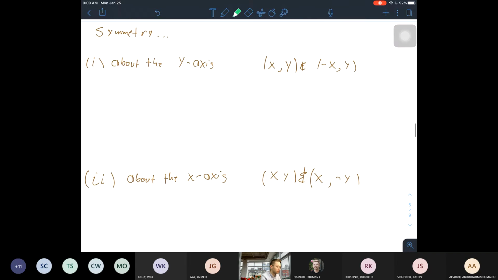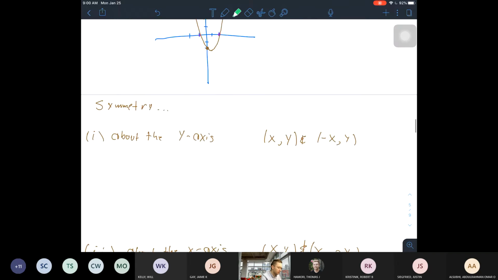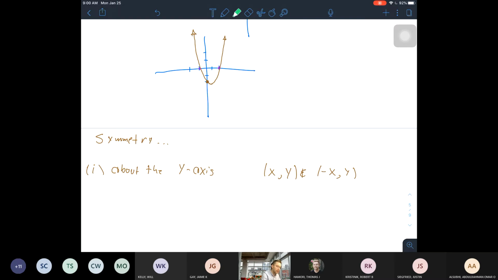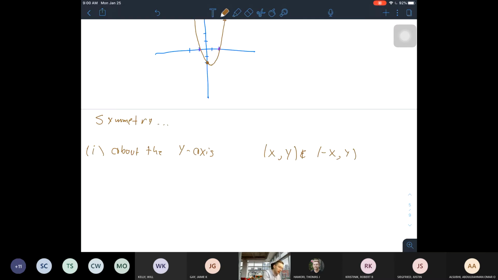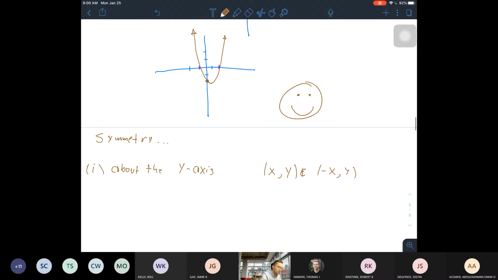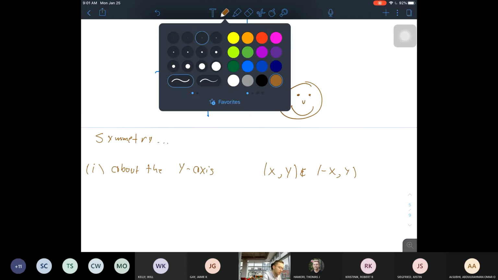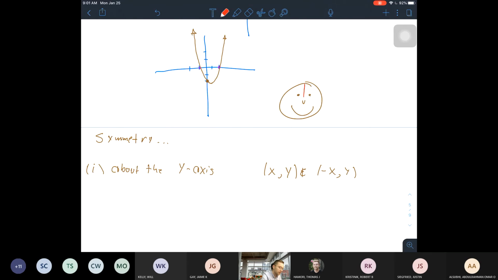Okay, so now let's talk about symmetry. By symmetry, I mean the same thing that we mean when we talk about someone's face being symmetric. If we think about somebody's face, we can divide it right down the middle, and the left and the right side are going to be mirror images of one another.